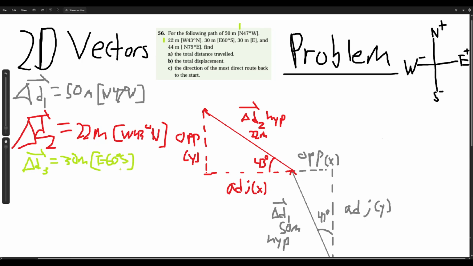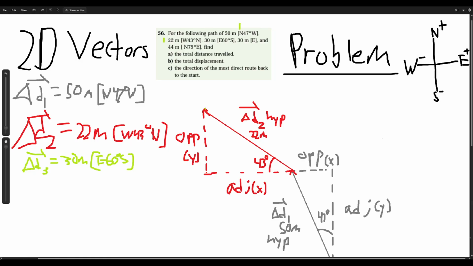Like the other displacements, this first value here tells you where you're looking at first. The angle in the middle tells you where you're going to shift, but the direction at the end tells you where you're going to shift to. So displacement 3, 30 meters east, 60 degrees south. That's basically saying 60 degrees south of east.